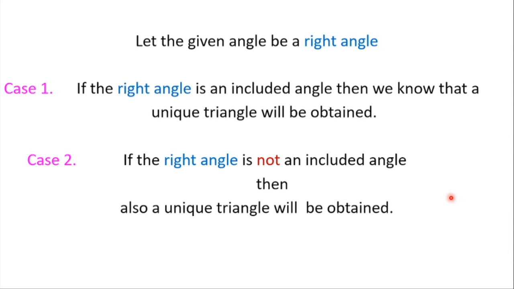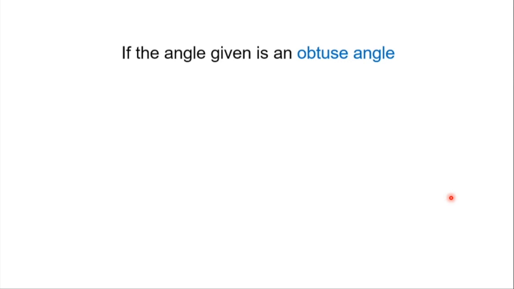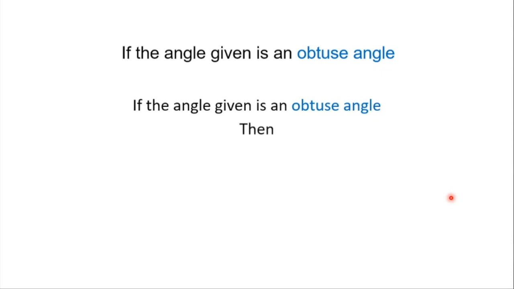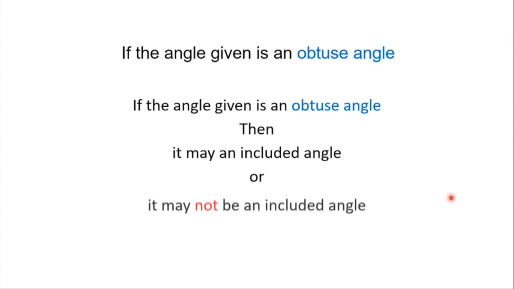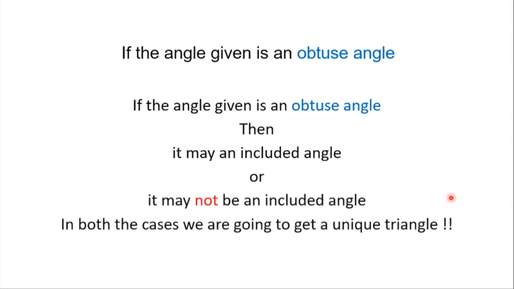So this is what we are trying to understand. If the given angle is an obtuse angle, so this is the final case, then it may be an included angle or it may not be an included angle. In both the cases, we are going to get a unique triangle only.